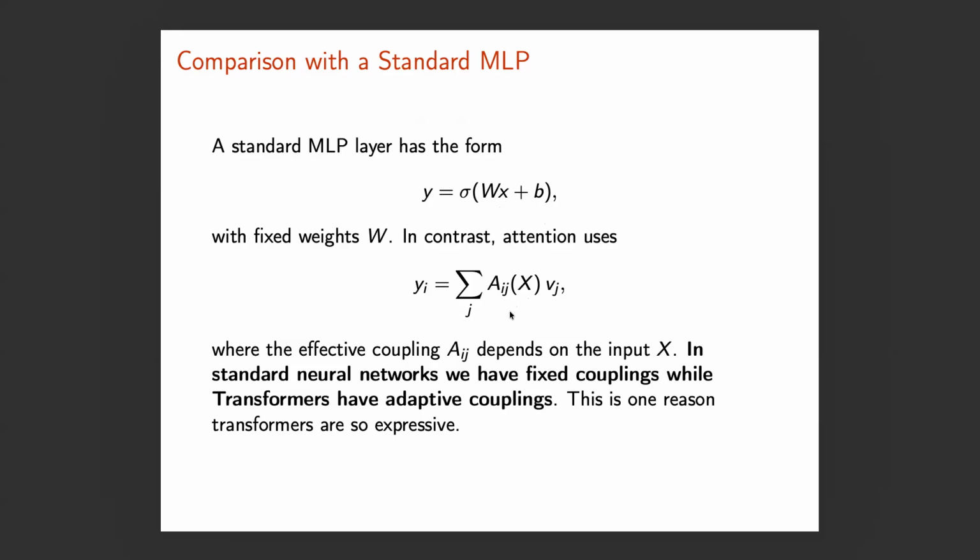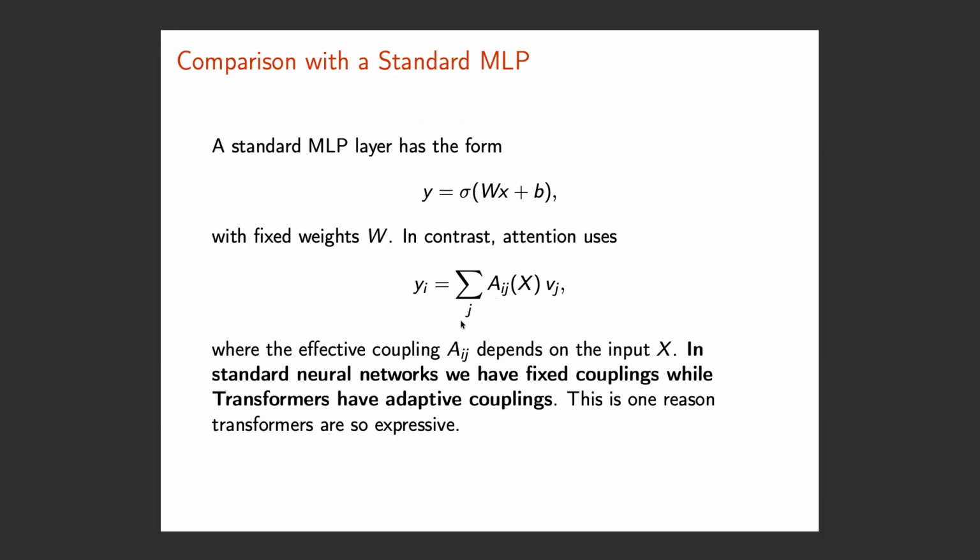If you think back to the case we did with the Ising model, you could think of that as a way to model the coupling constant. So in standard neural networks, you have fixed couplings for every node, every hidden layer. Whereas here, with transformers, this becomes an adaptive coupling. And you can also have coupling between different nodes in the same layer.